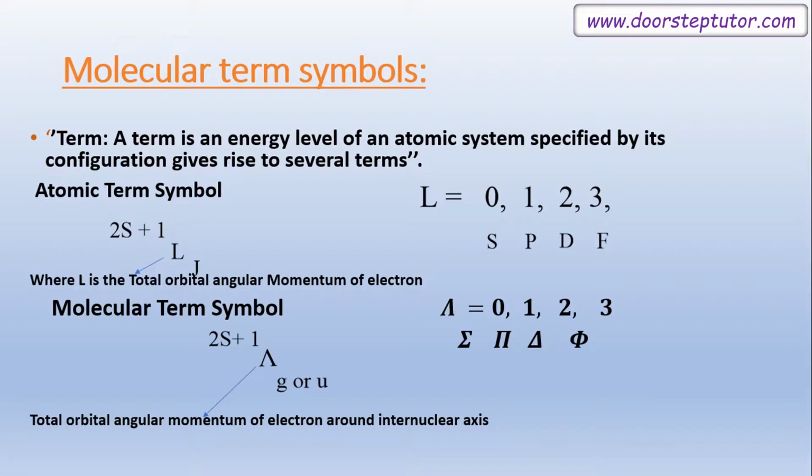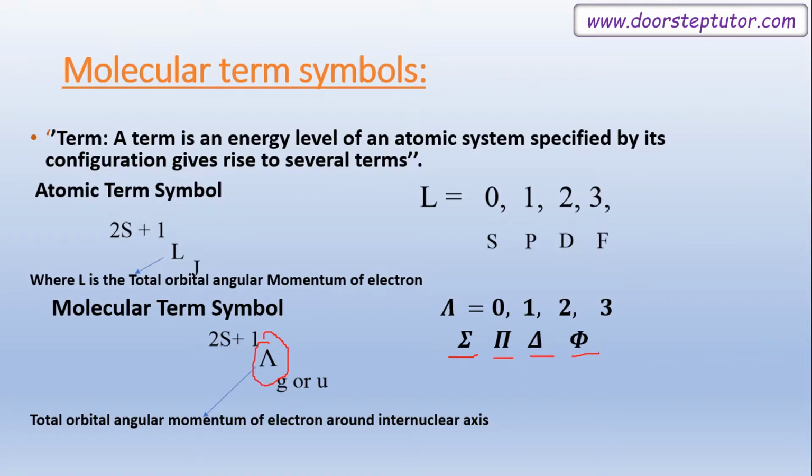Please remember, if the lambda value is 0, then we represent it as sigma. Generally this is the symbol for summation, but in our molecular term symbol we represent it as sigma only. If the lambda value is 1, it is pi. If the lambda value is 2, it is delta. If it is 3, it is phi. Clear students?